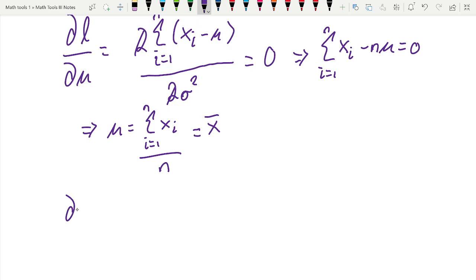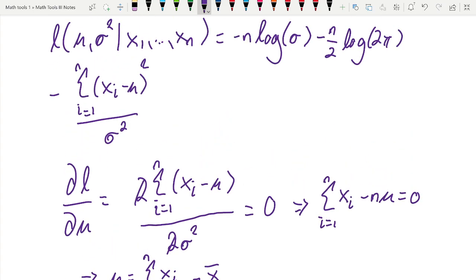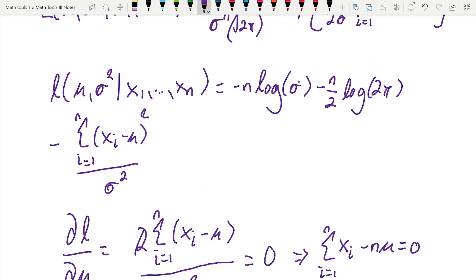So now we'll go ahead and do the partial derivative with respect to sigma squared. We do need to be a little bit careful about that. I think to make this easier, we want to write this as sigma squared.